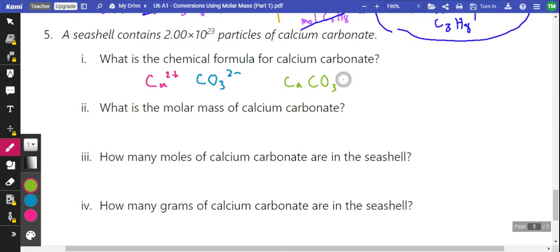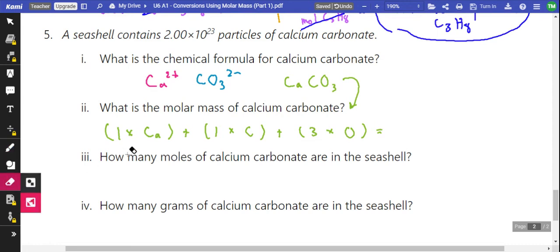We've got to figure out the molar mass next, which means we're adding up the mass of a Ca and a C and 3 O's. So 1 times the molar mass of calcium plus 1 times the molar mass of carbon plus 3 times the molar mass of oxygen should get us the molar mass of this compound.